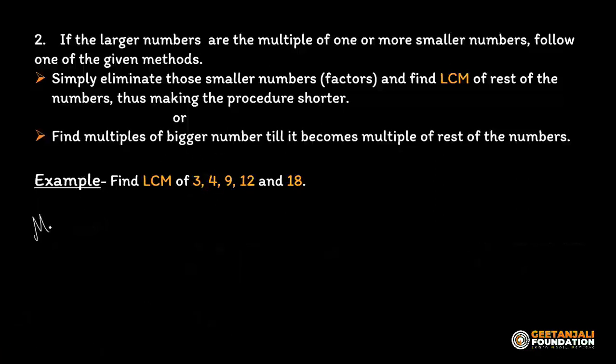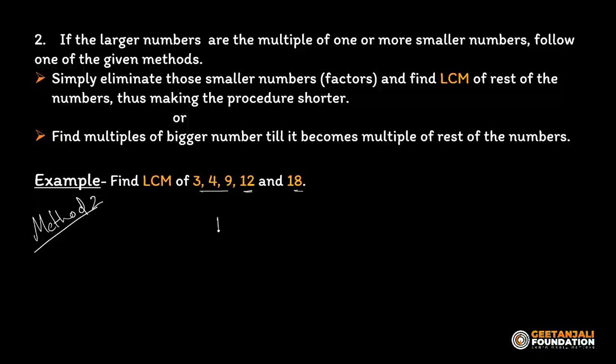Now method 2, for the same question. As we know, 12 is a multiple of 3 and 4, and 18 is a multiple of 9. We'll discard all these three and focus on 12 and 18. Now we can do one more thing. We can find multiples of 18 so that if 12 divides that multiple, that will be the LCM.